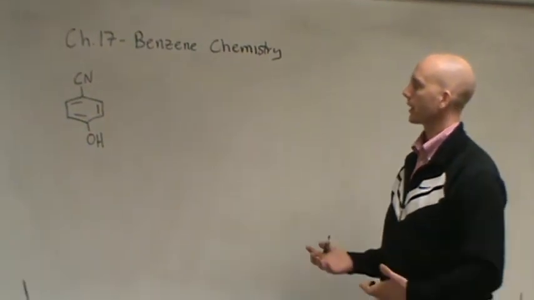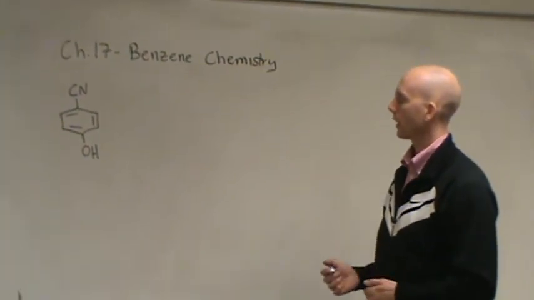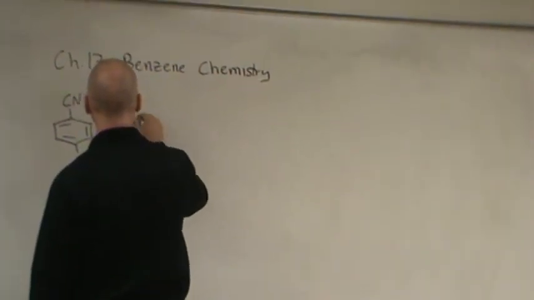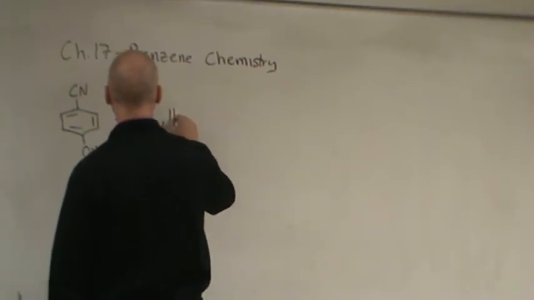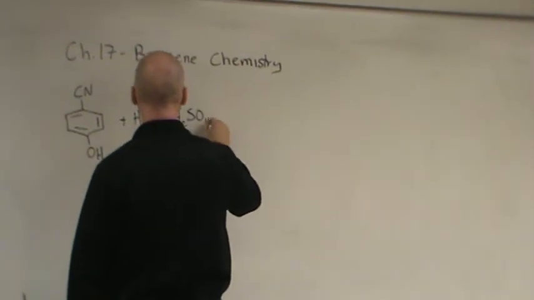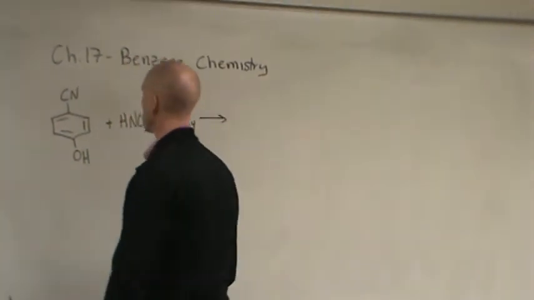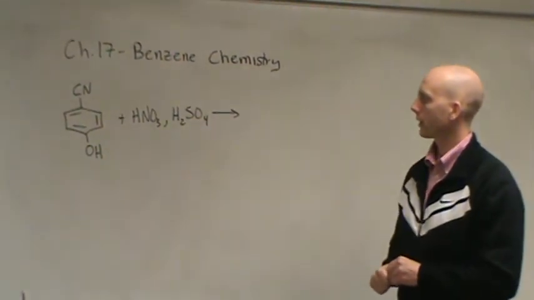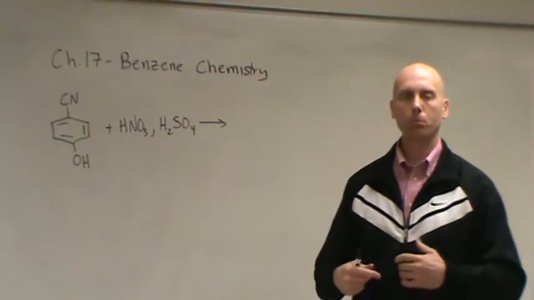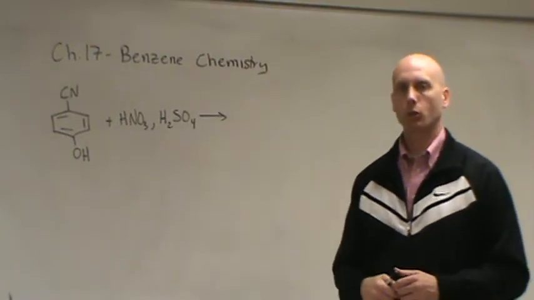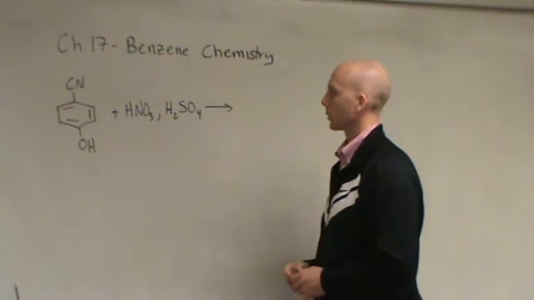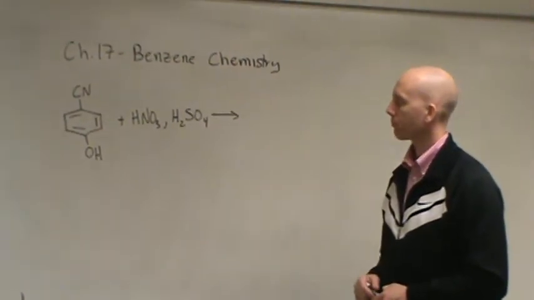Let's say we had a cyano group and an OH. And we wanted to react with nitric and sulfuric, which again puts what on the ring? A nitro group. Well, where would the nitro group go this time?